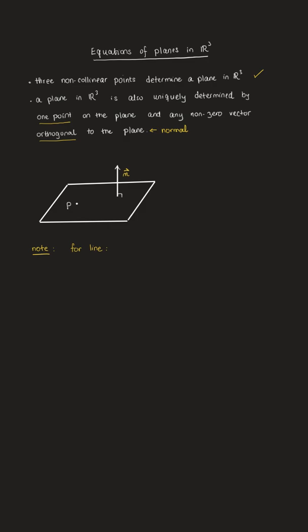But a reminder that for a line, we needed a point on the line and the direction vector. The direction vector gives us the direction of the line. The point gives us the location. And for a plane, the point gives us the location once again, and the normal gives us the orientation of the plane.